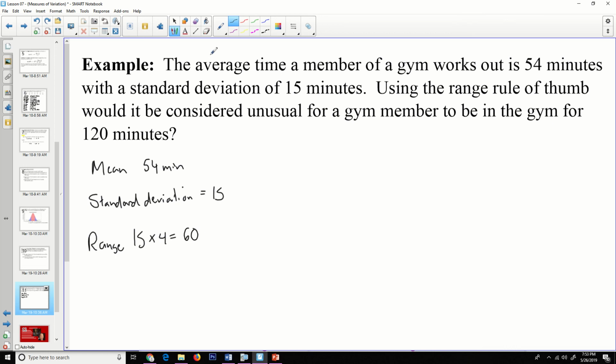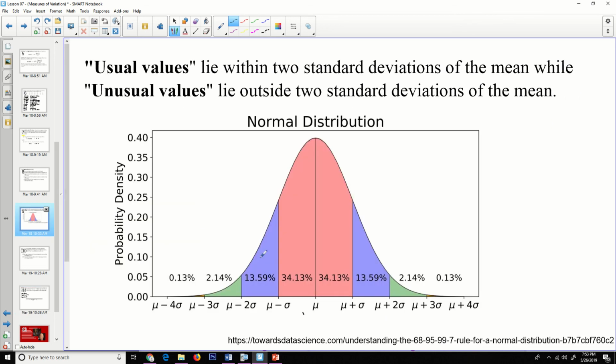Then my range would be 15 times 4, which is 60. So if I put out a number line here, and you don't have to do the number line, I'm just doing this as a visualization, then here my mean at 54, 2 standard deviations below and 2 standard deviations above is going to represent 95% of that data. So anything lying outside of that 95% we would call an unusual value.